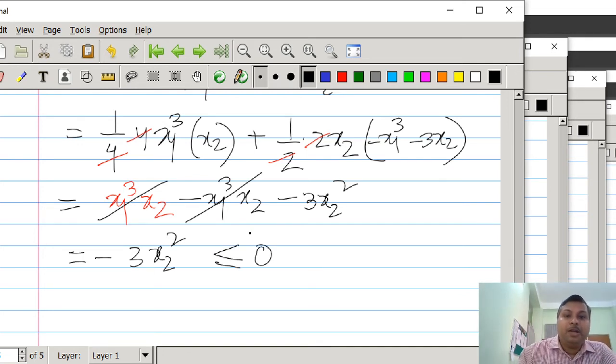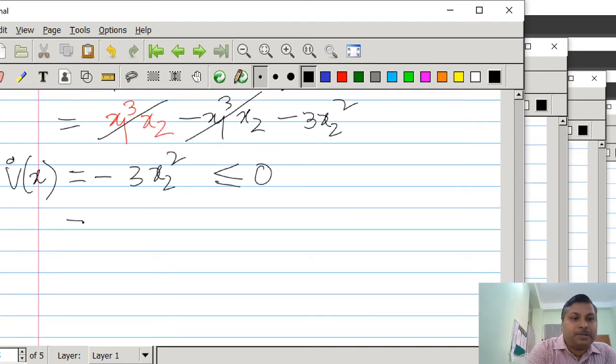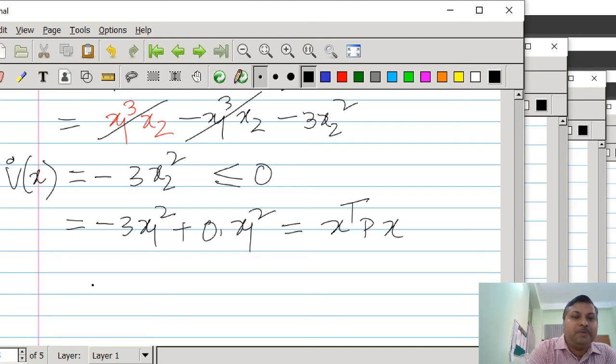What is the meaning of this function V dot x? It is still a quadratic function. How? This function can be written as minus 3 x2 square plus, suppose, 0 into x1 square. And we know that a quadratic function can always be written in the form x transpose P x. So what would be the P matrix here?